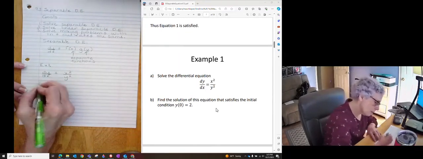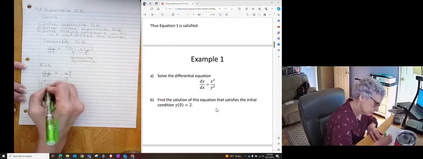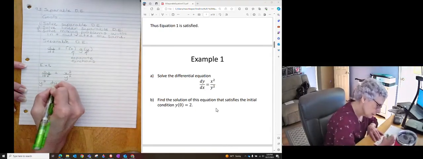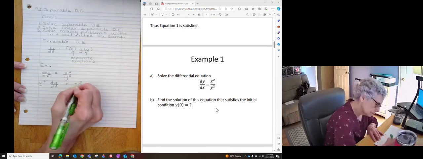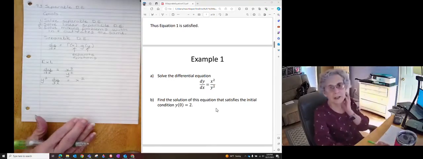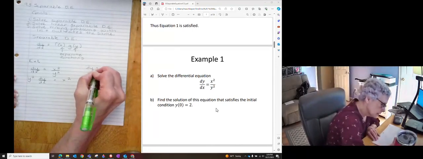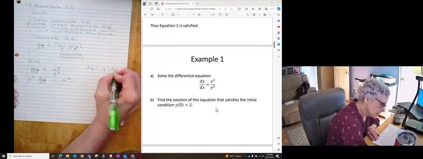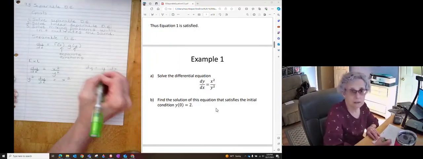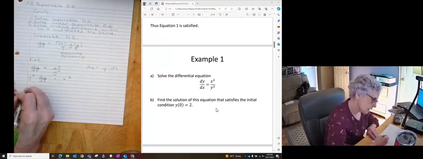So I'm going to think about multiplying both sides by y squared. Now remember differentials. dy is equal to y prime dx. y prime is dy/dx.